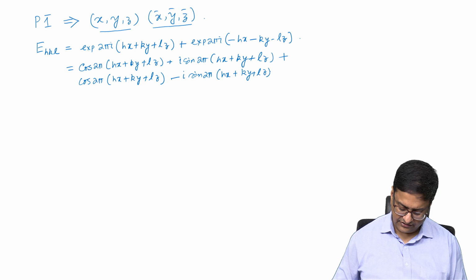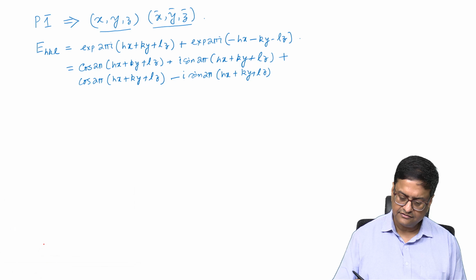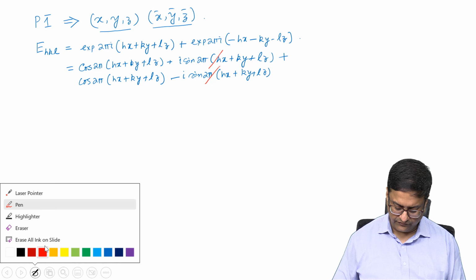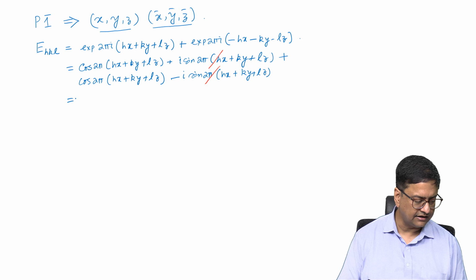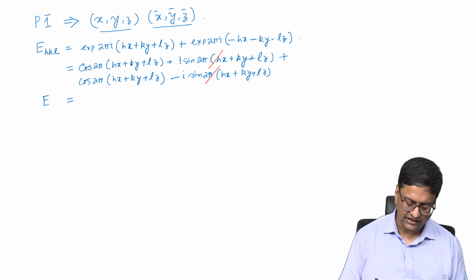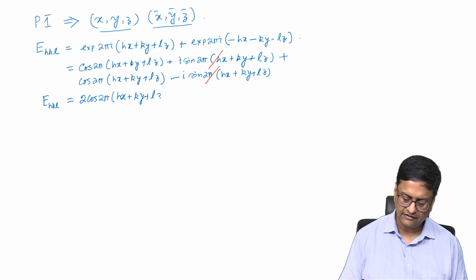So, now what we see is that these sine terms get cancelled and we end up getting a result of EHKL as 2 cos 2 pi (Hx plus Ky plus Lz).